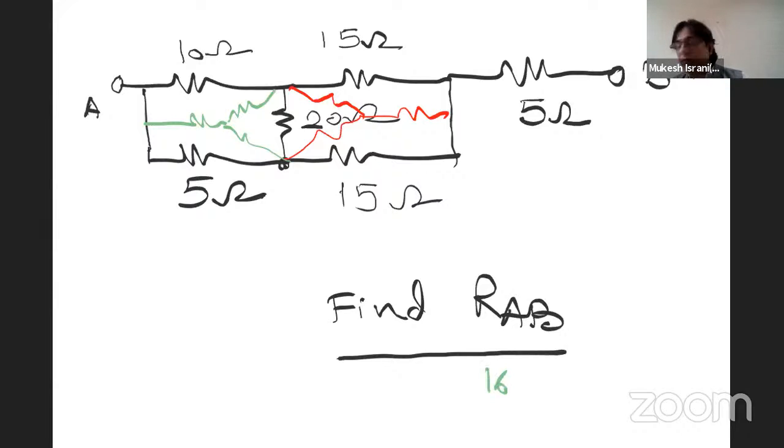Everyone is getting 16.01 ohm. Anybody has any doubt?